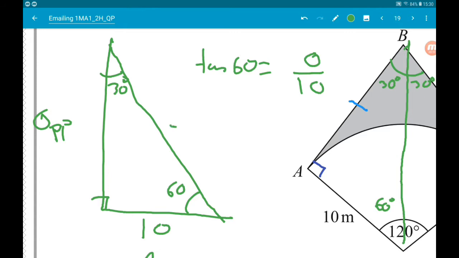Therefore, the opposite is 10 tan 60. So that is going to give us 17.32 meters.